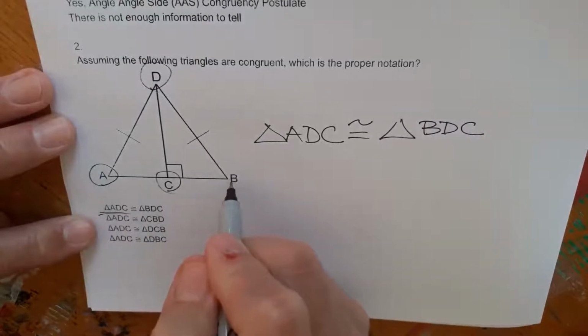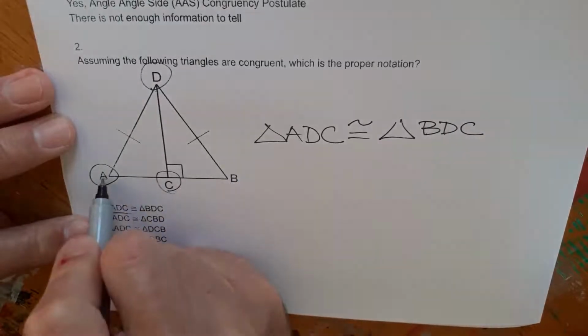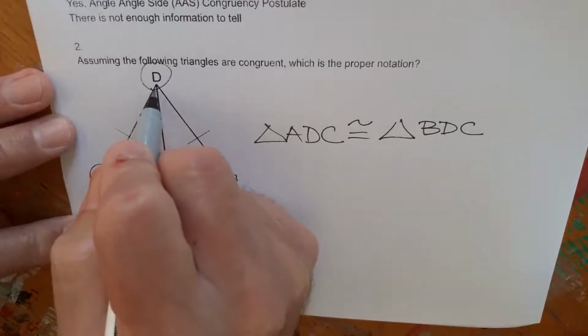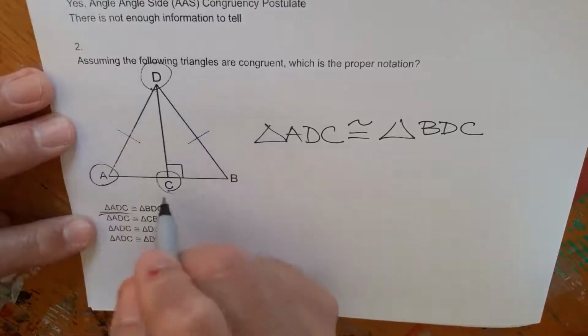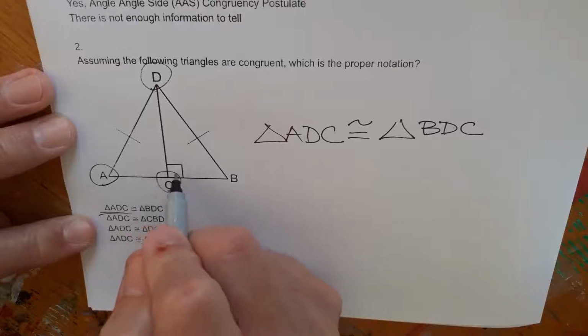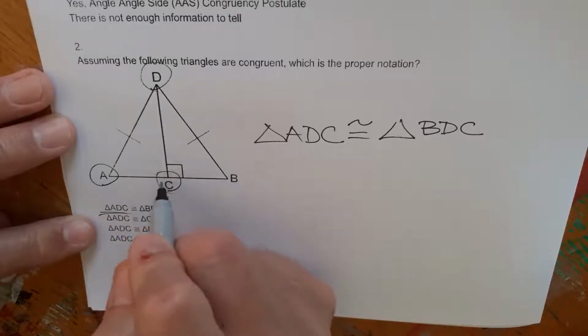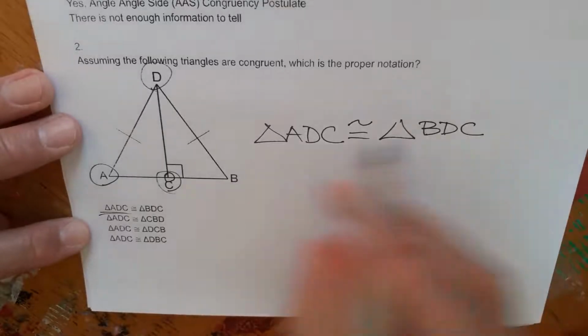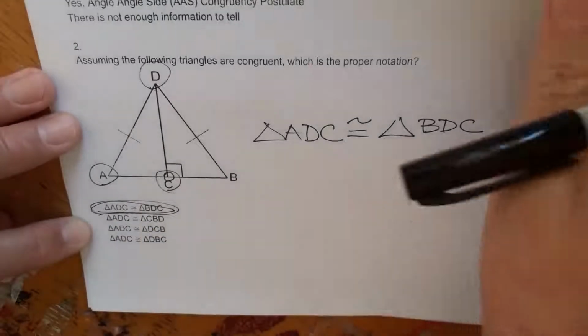Because what we're matching up is the corresponding angles. The corresponding angle to A is this one over here, B. The corresponding angle to D on this one is D on this one, right? And the corresponding angle on this one, C. And we don't even define these very well. It's just the points here of the vertices. So BDC. They're just helping us with notation.